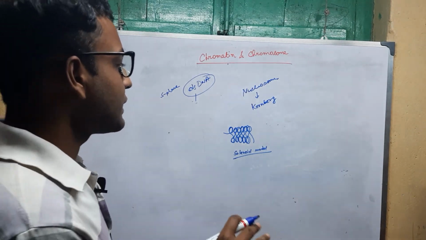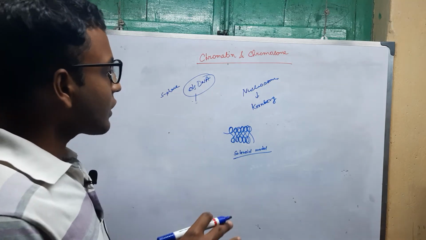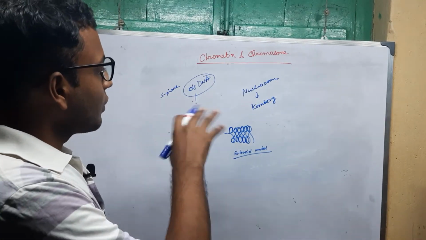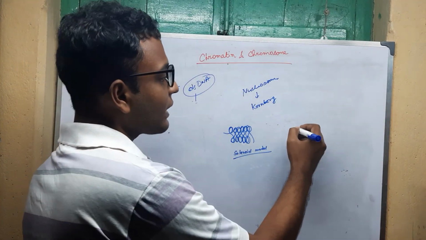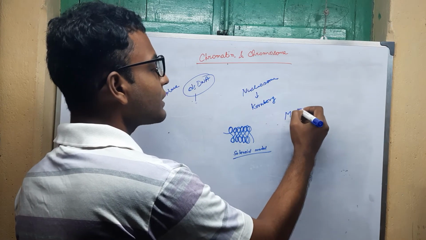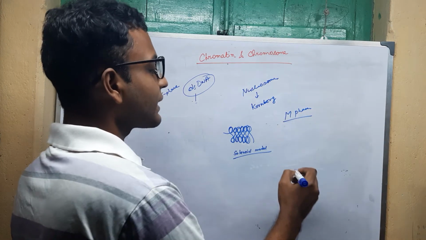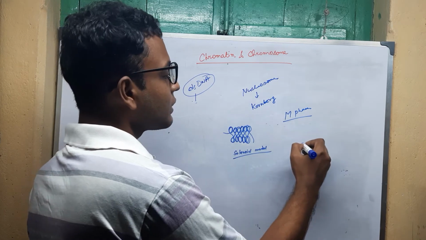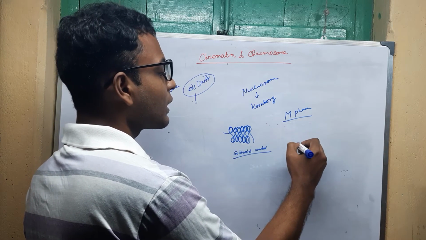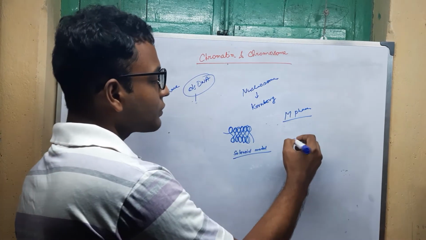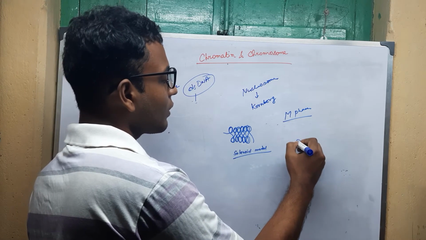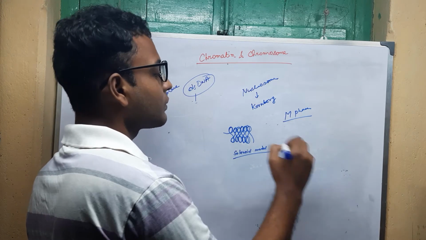Now, after the synthesis of this double-stranded string-like DNA structure, and after the association of the nucleosome complex with the double-stranded DNA, at the M phase of the cell cycle, this double-stranded DNA gets condensed and forms chromosome like structures.